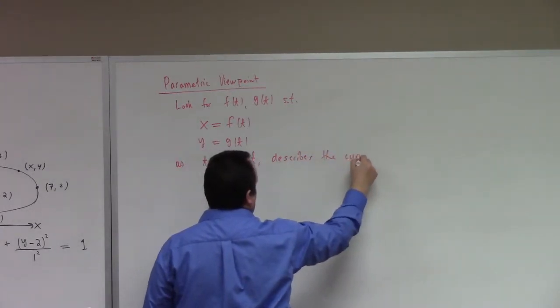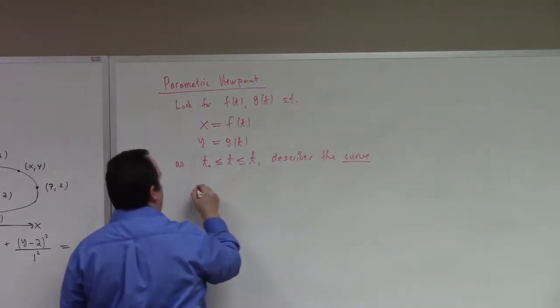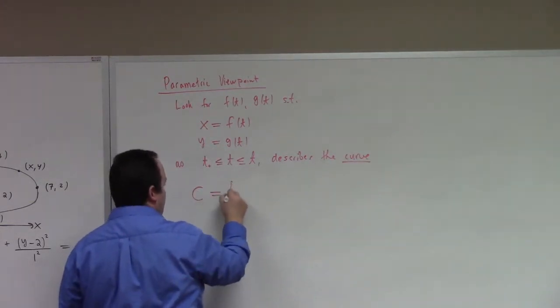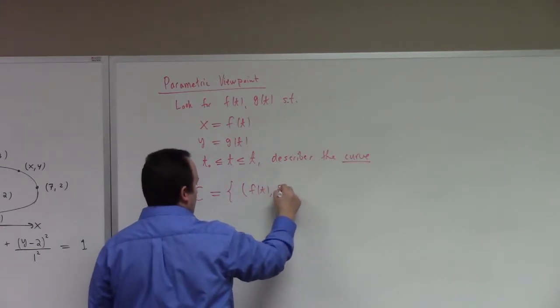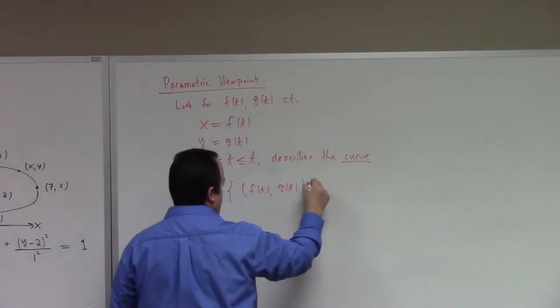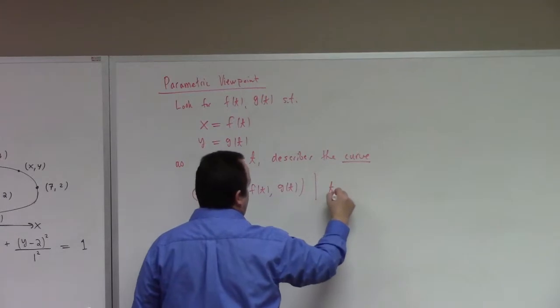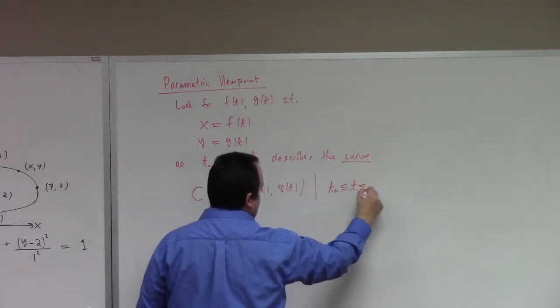Now, the curve C would be explicitly the set of points f of t, g of t, such that t naught is less than or equal to t, less than or equal to t1.